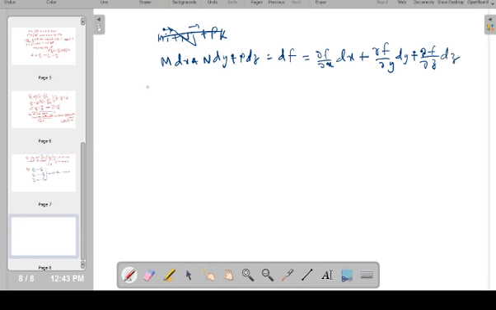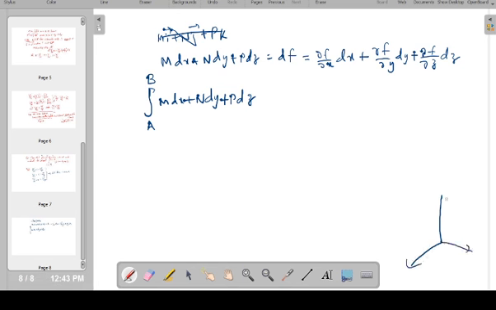Now I want to evaluate this differential form M dx plus N dy plus P dz from one point A to another point B in space.